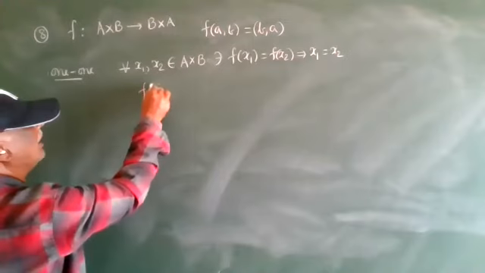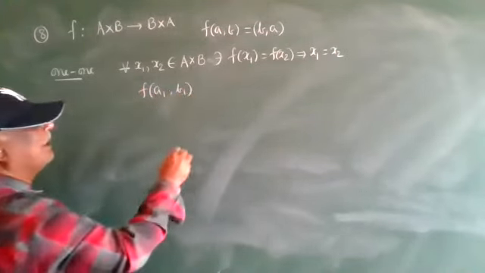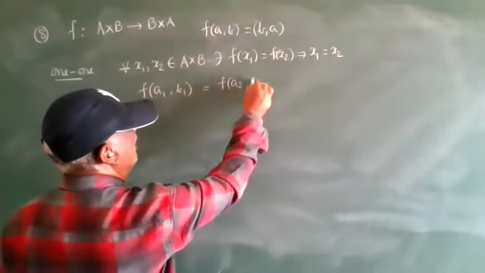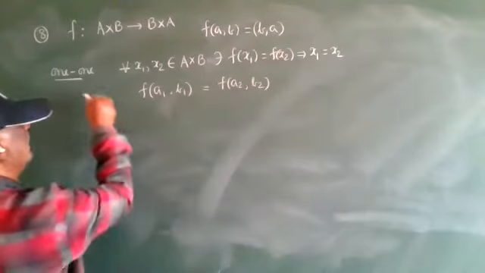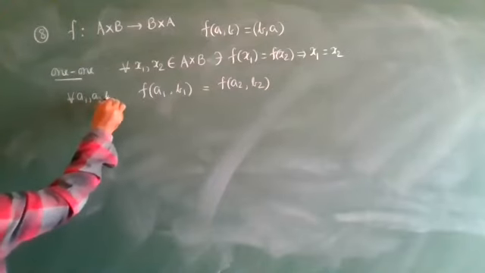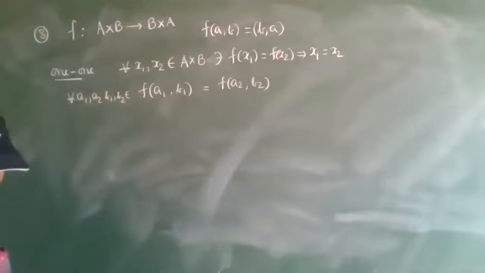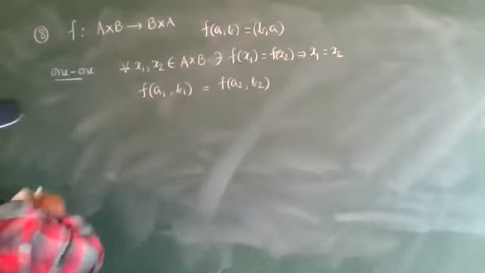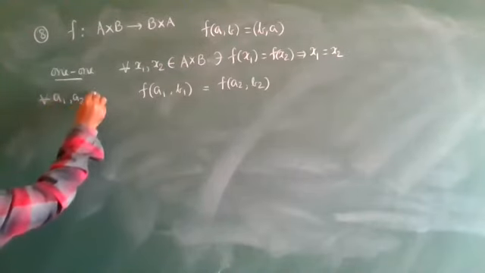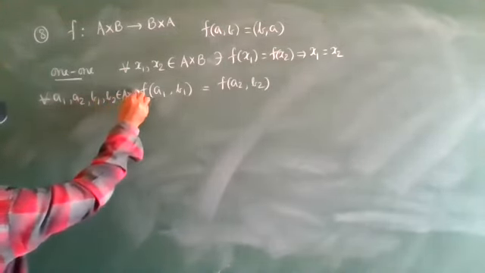Here, f of (a1, b1) I am taking, and f of (a2, b2), for all a1, a2, b1, b2 belonging to the domain A cross B.